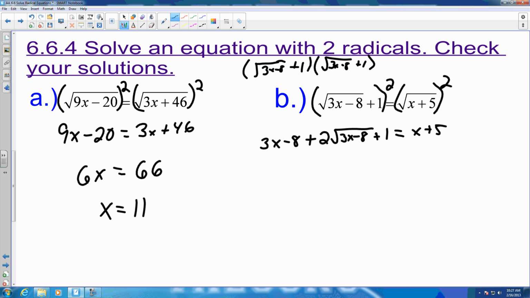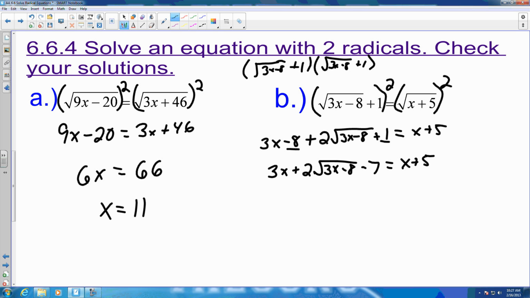So from here, I've got like terms here, and I've got like terms here. So I'm just going to combine those. So I get 3x plus 2 times the square root of 3x minus 8 minus 7 equaling x plus 5. Now, what I want to do is isolate that square root.